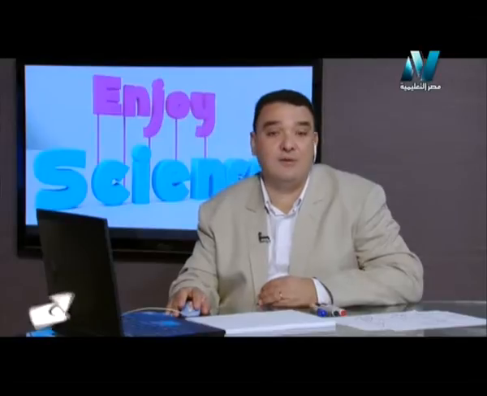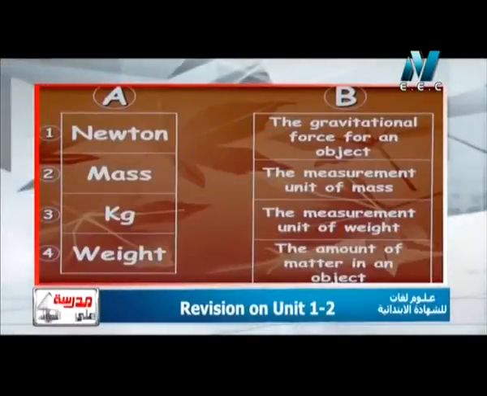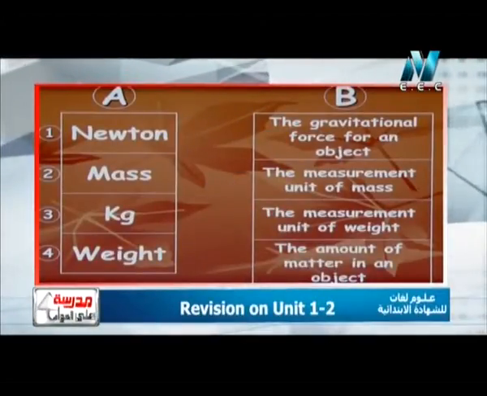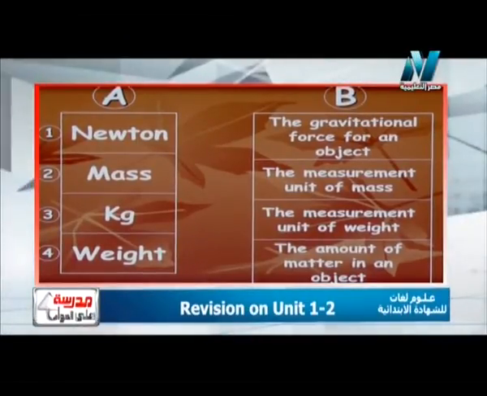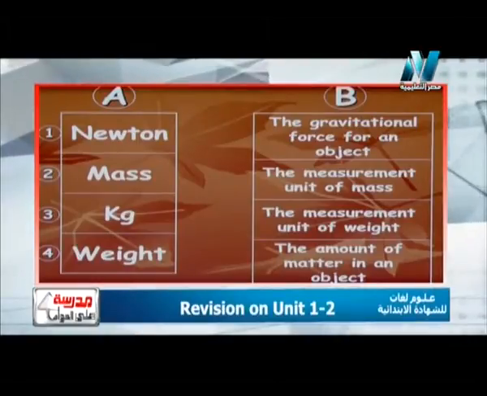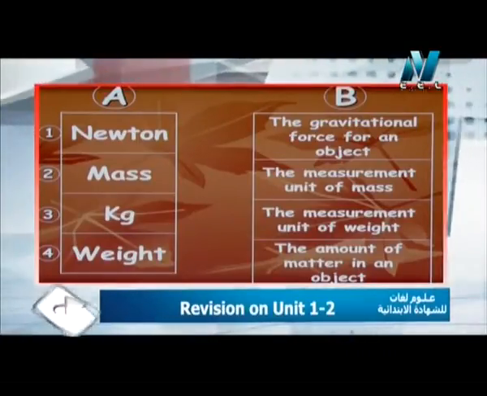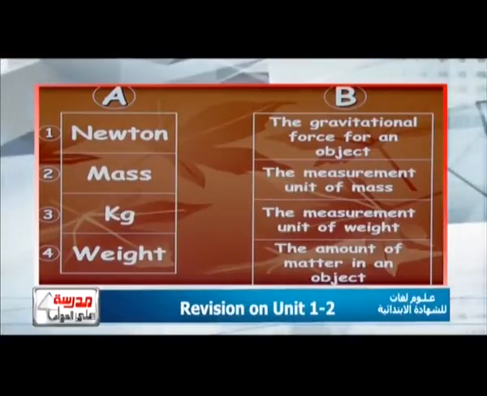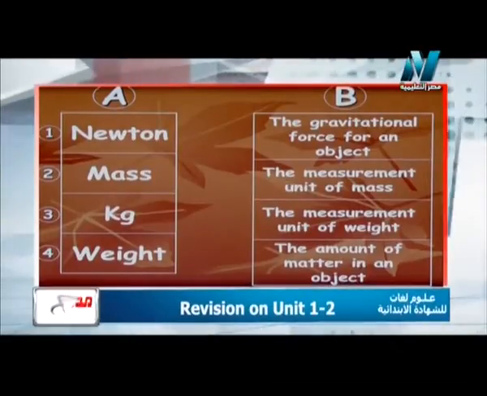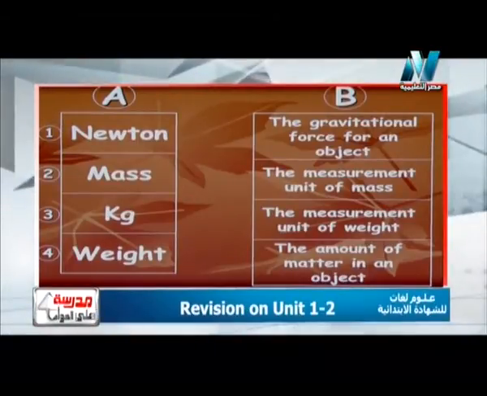Let's start a very favorable question for you, which deals with the match question. The first column says Newton, mass, kilogram, weight. The second column says gravitational force for an object, measurement unit of mass, measurement unit of weight, amount of matter in an object. So let's start with Newton.